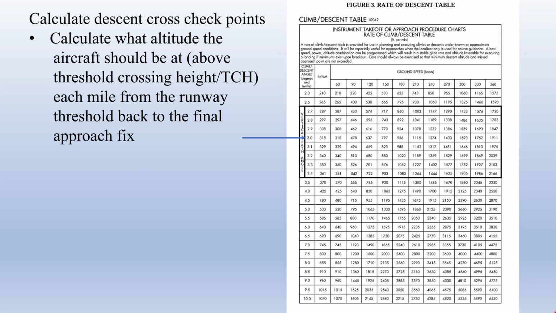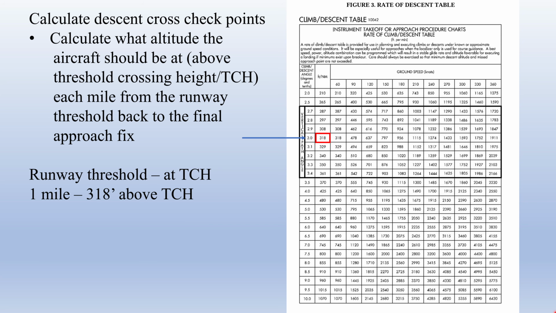And it tells us that if we are using a 3-degree visual descent angle, like we've been talking about so far, that we're going to be 318 feet above the threshold crossing height for each mile we are away from the runway. So to look at how this works out mile by mile, at the runway threshold, we will be at the threshold crossing height. At 1 mile from the runway, we will be 318 feet above the threshold crossing height.